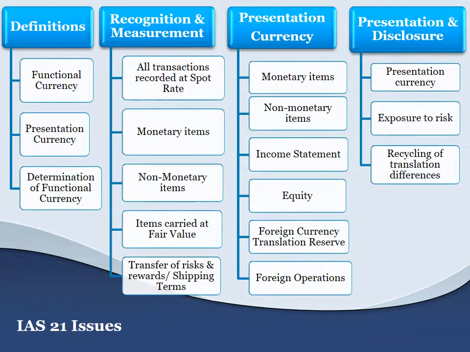IAS 21 starts off by giving us the different definitions of functional currencies. It talks about presentation currencies and the process that we need to follow in determining what our functional currency is. It then goes on to deal with the recognition and measurement issues, the recording of transactions, how we differentiate between what is a monetary item and what is a non-monetary item, and the different foreign currency translation rates that we should be using for these various items.